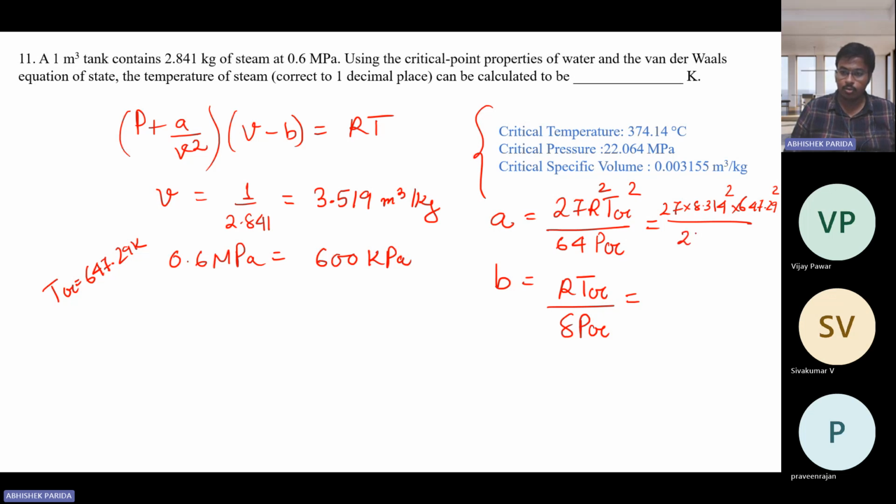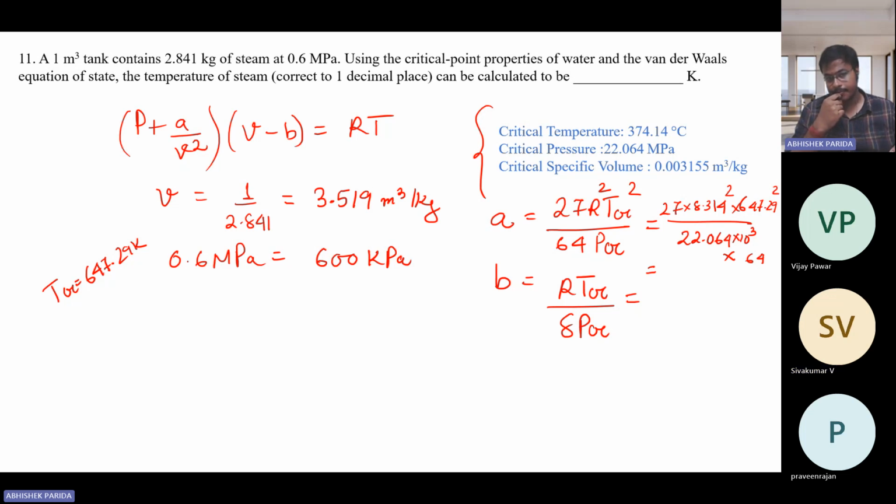So 22.064 into 10 to the power 3 into 64. How much a are you getting? Tell me fast. Sir, here R is for steam. R is equal to R universal by the molecular weight of steam, 18. No, this is the universal gas constant. Universal gas constant. Okay.